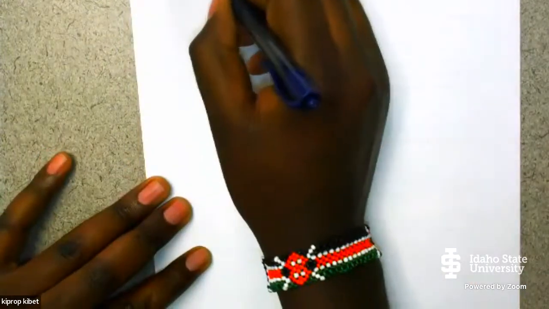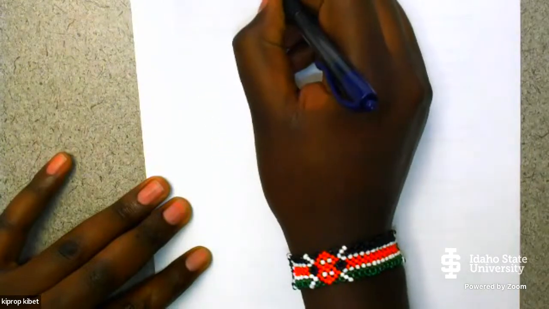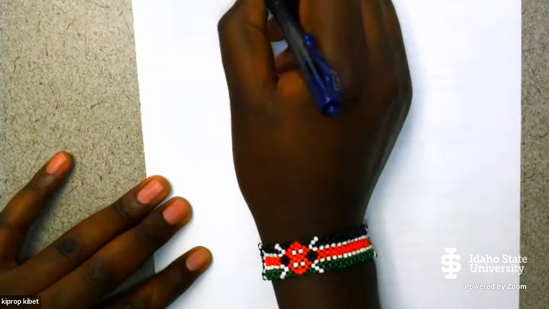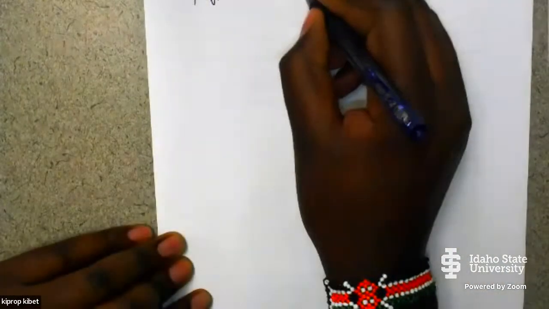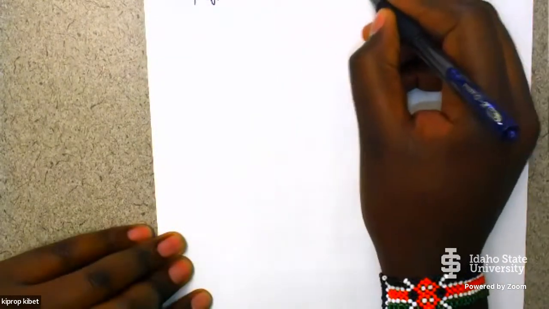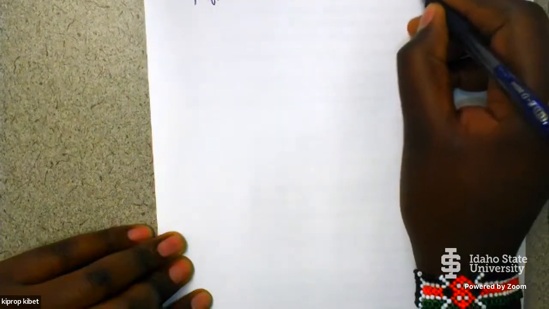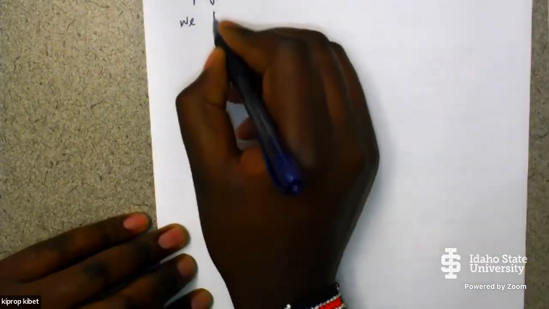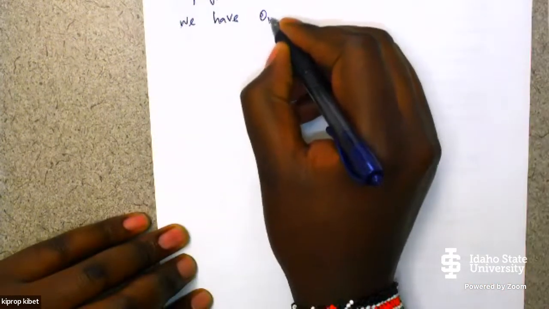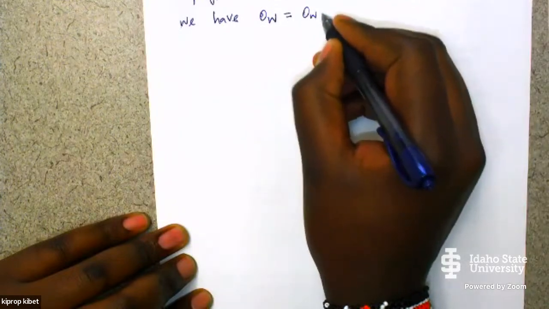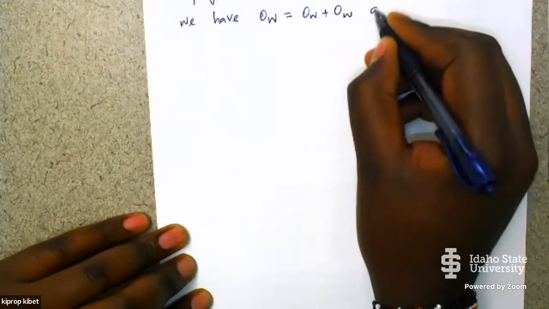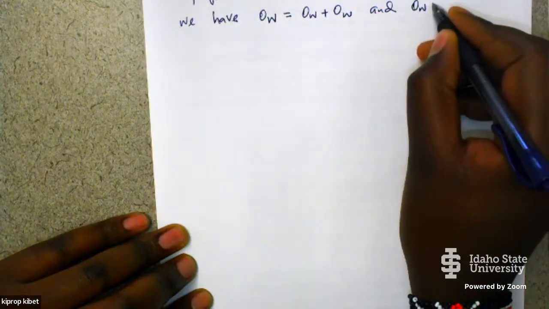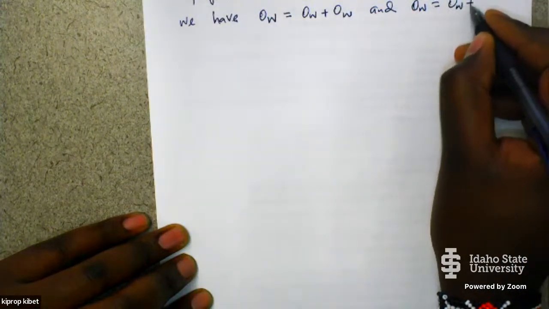If we let 0w denote the 0 vector of W, we have 0w equals 0w plus 0w, and 0w equals 0w plus 0.